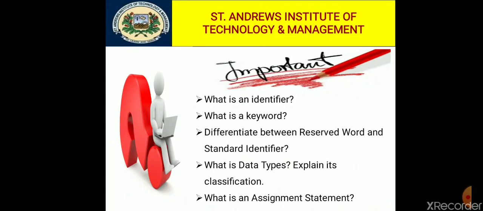Third one is, differentiate between reserved words, meaning keyword, and standard identifier, that means identifier. We already discussed reserved words, also called keyword. The next question is, what are data types, and explain their classification, means types of data types. And last one is, what is an assignment statement?